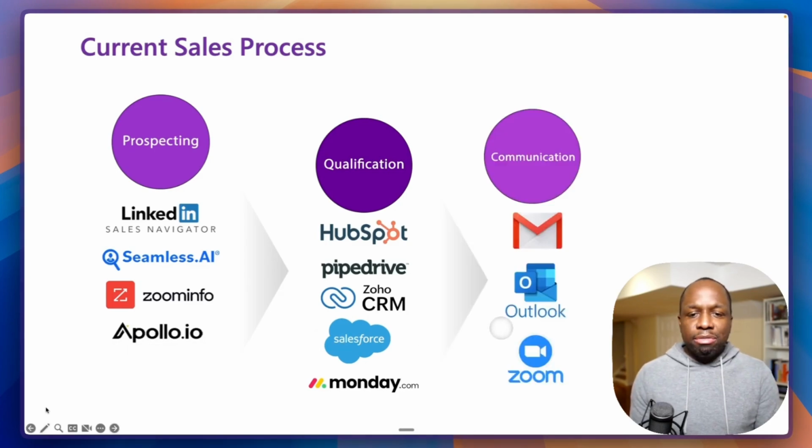Next up, we have what I consider communication tools, and these are pretty standard. Your emails, your Zoom. Everybody knows them. They're tried and true, and they serve a fantastic purpose of just communication.